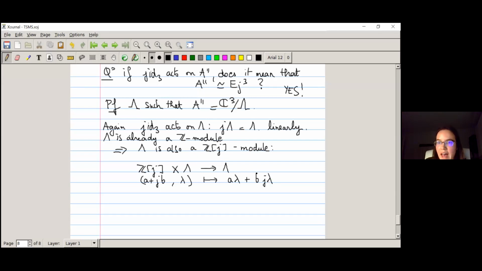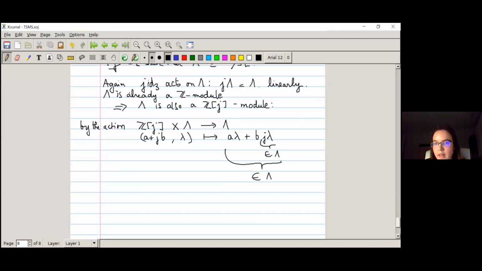So you can just act, and this is still in the lattice. So this is still in the lattice. And so you have this action, which makes lambda into a Z[j] module.